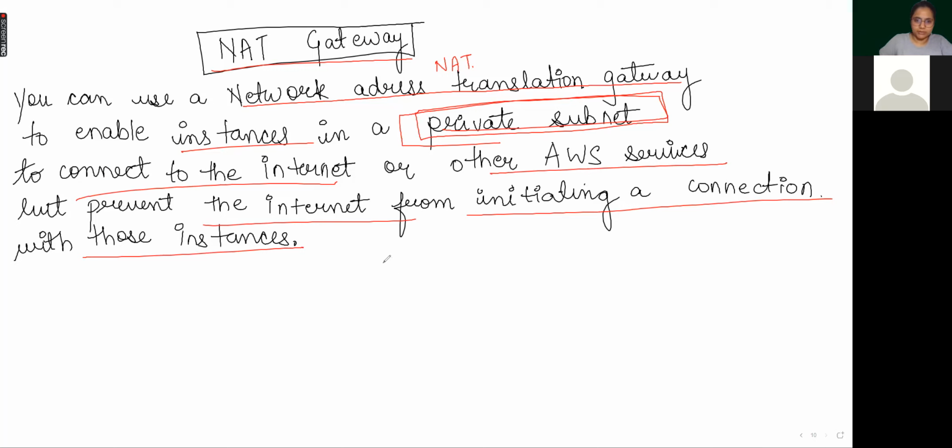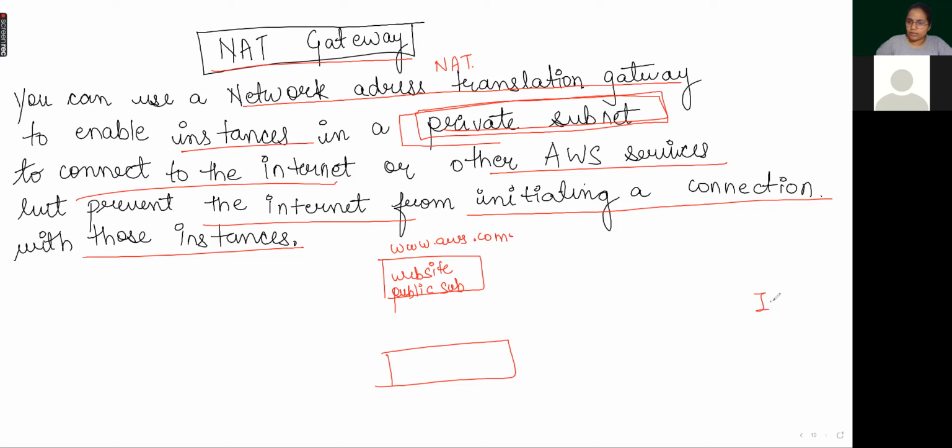Now try to understand it in this way. This is a website. You have created a website, and all of this website is in the public subnet, so that anybody who types www.aws.com from the internet can come to your website, because it is connected to the internet gateway.